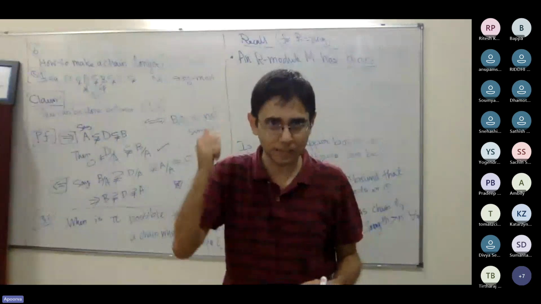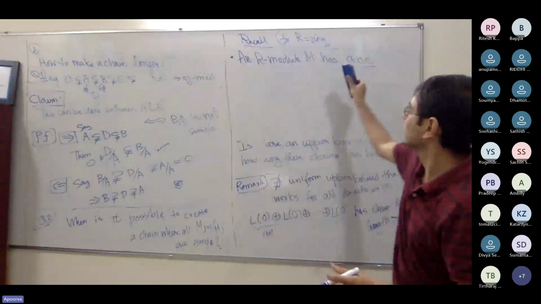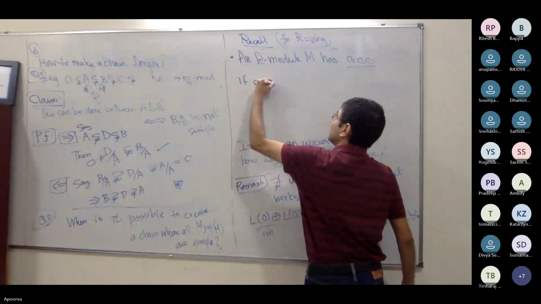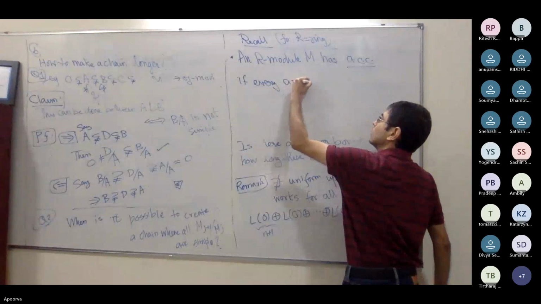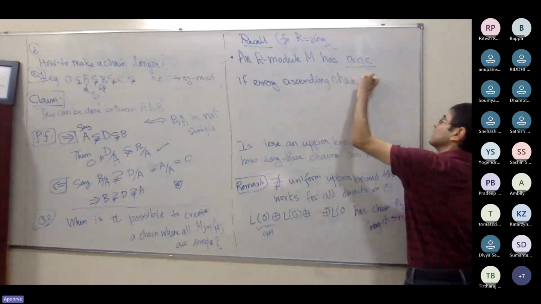This is defined in the tutorial notes, and Noetherianness and lots more is done, so I'm not writing it down. If every ascending chain, which I had written on the previous board, stabilizes.